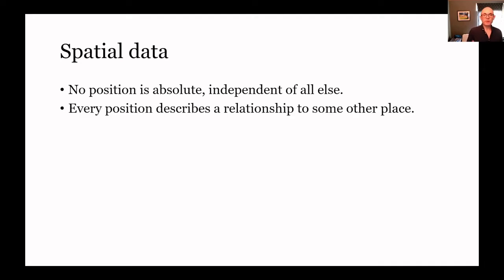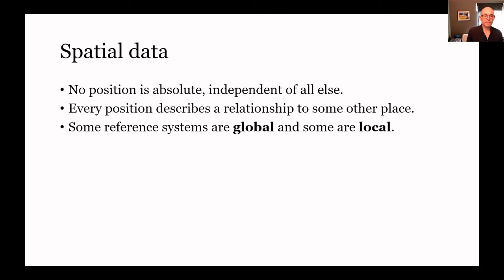So we are describing this relationship to some other place, and how we describe that will vary depending on what we want to do, depending on what the reason for creating this coordinate system is, what our intended purposes are.